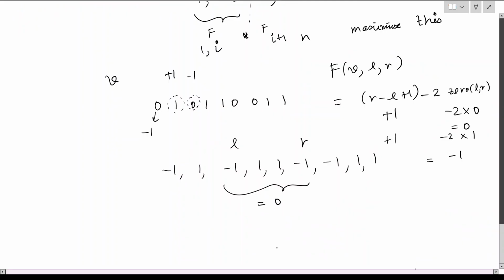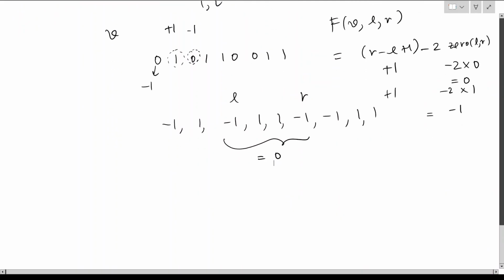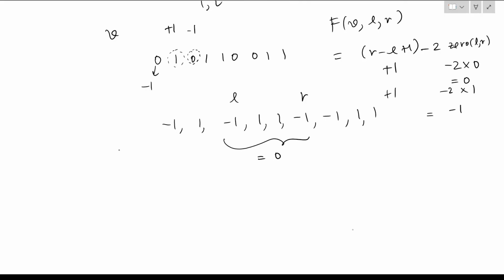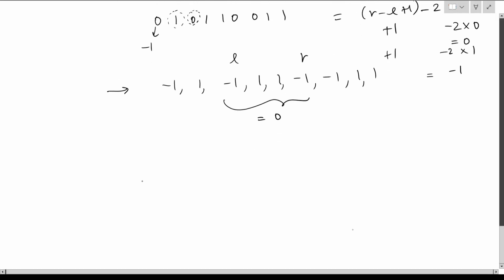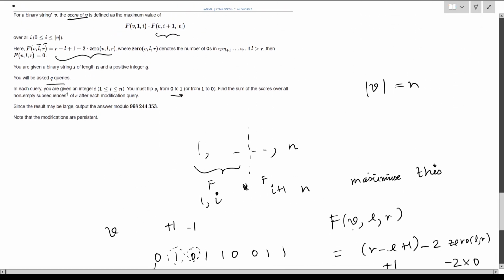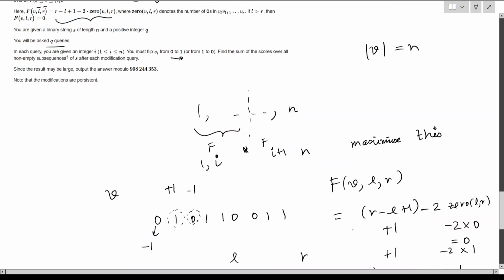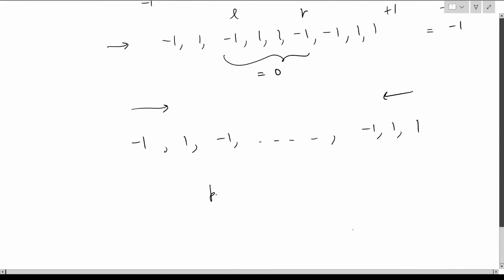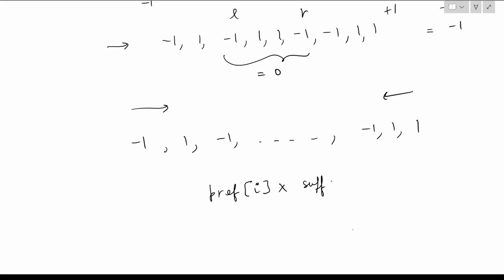Now we are interested in maximizing the product of quantities like this. So now surely I hope many of you will see that there is a linear algorithm for computing the score by using this. So if we look at the sequence, we can simply compute all prefix sums and all suffix sums, and all the score really means is the maximum value of an expression of the form prefix of I times suffix of I plus 1.